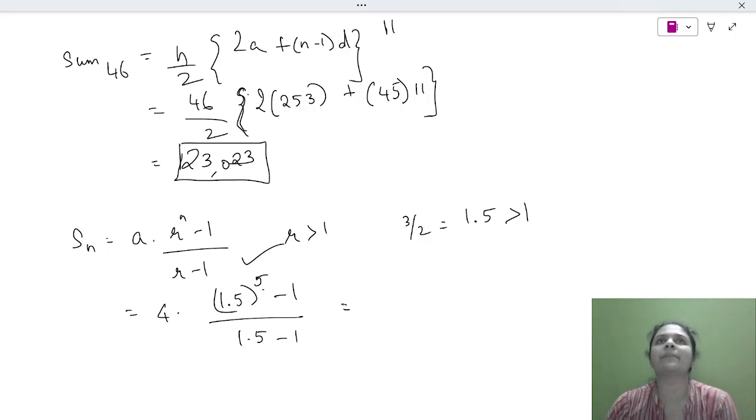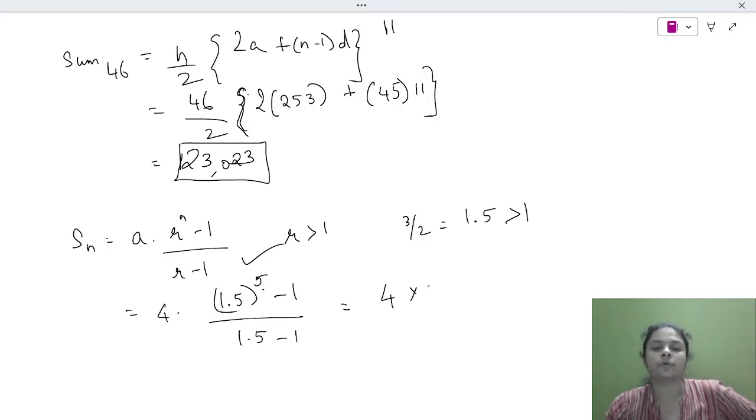Preferably do it in decimal unless the answer is given in fraction in the exam. In the exam, see the option. In the option, if the answer is given in fractions, you also work in fractions. If the answer is given in decimals, work out in decimals. Okay?